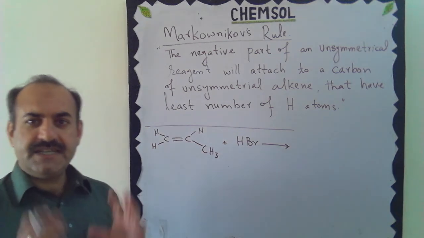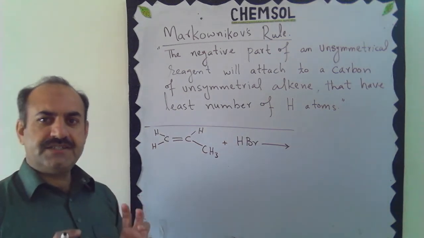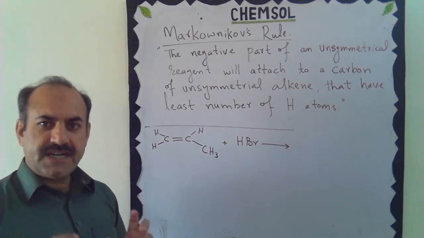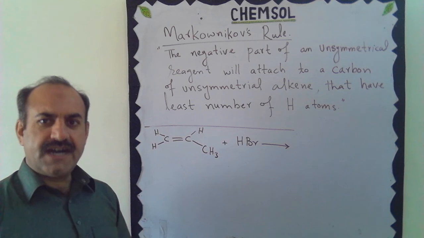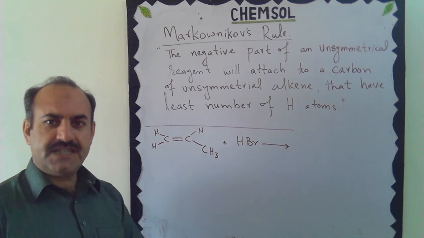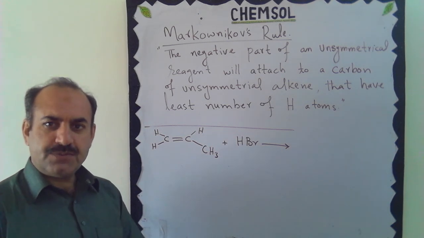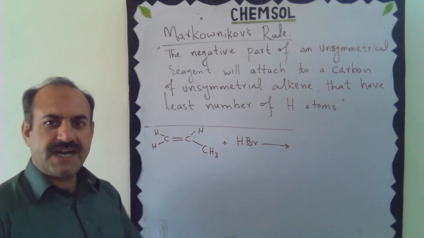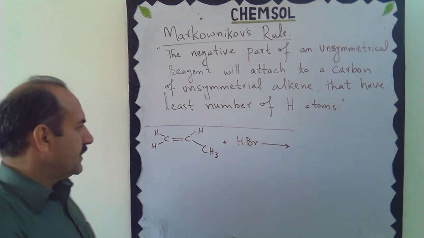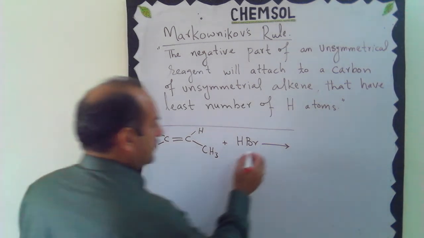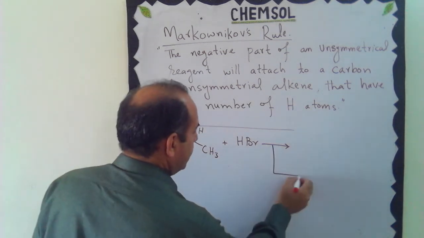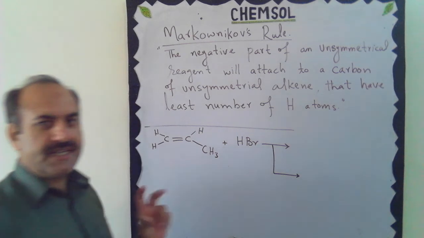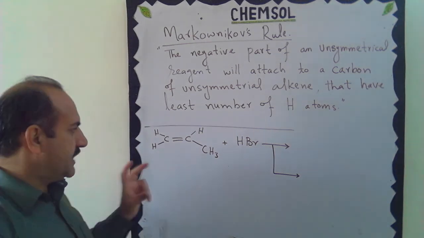It means that the negative part will be attached on that carbon which has fewer hydrogen atoms, while the positive part will go towards that carbon which has more hydrogen atoms. So there are two chances. For example, we can get two kinds of alkyl halides in this reaction.